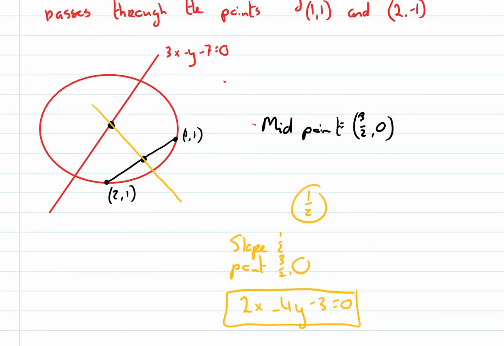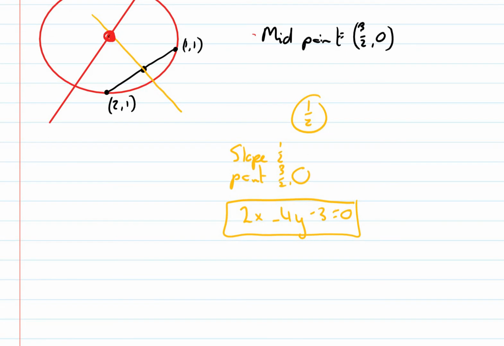I already have the equation of the line crossing through the centre. So if I find, using simultaneous equations, where the red line and the orange line cross, I find the centre of the circle. When I do use simultaneous equations for those two equations, I will get the centre of the circle 5/2, 1/2.